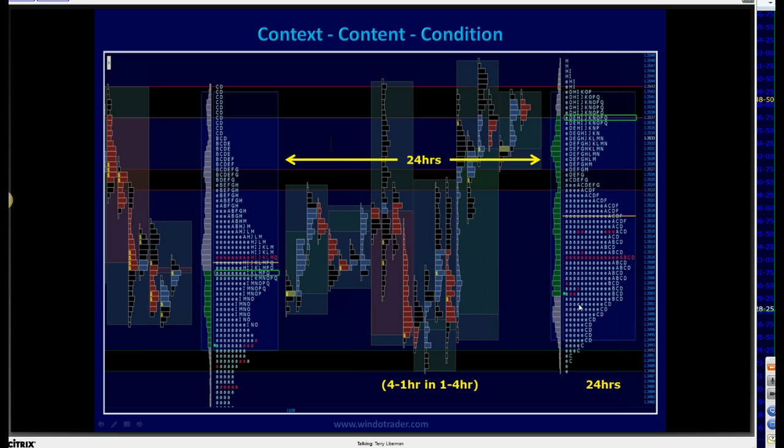What this profile is showing is that the lowercase a's represent the Asian market hours, the lowercase e's represent Europe, and the larger uppercase alpha characters are the US market.